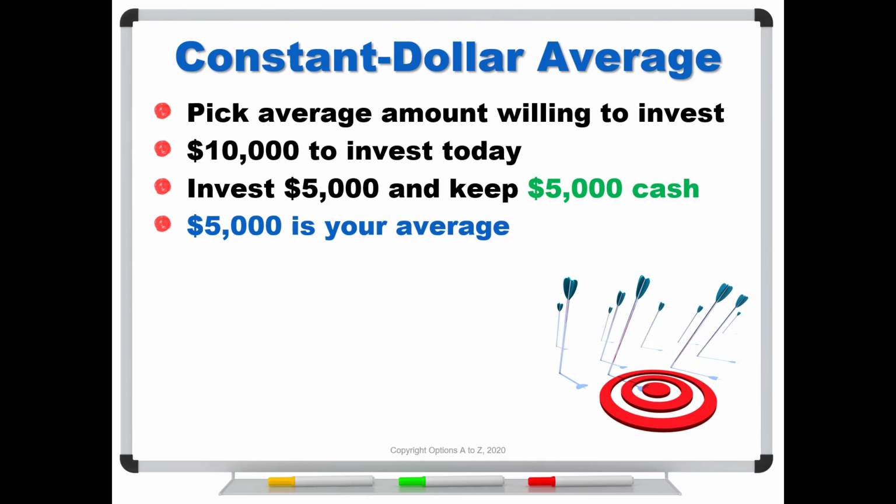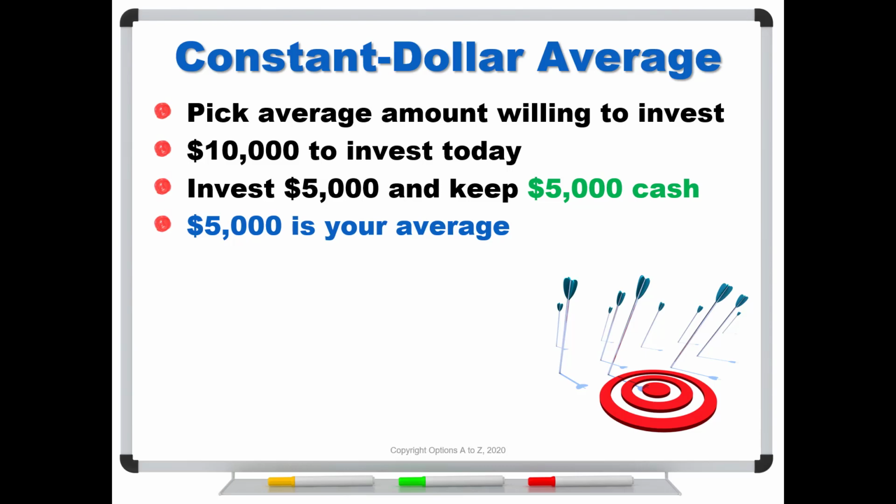That's your target. And like most targets, it's not going to be right there in the center every single time. What you're going to do is come back at fixed periods of time, and the more volatility, the more often you'll want to revisit it. So maybe in a market like this it could be even every day.